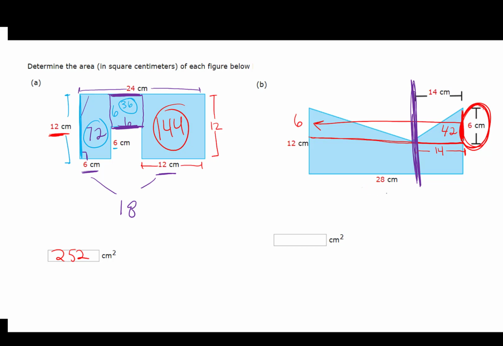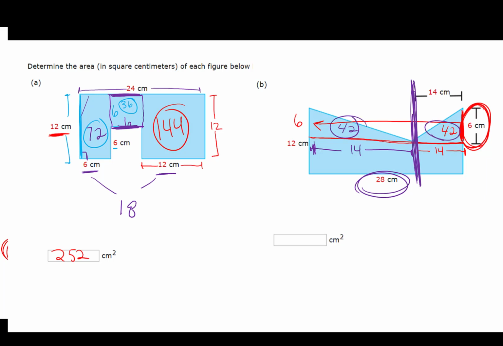And so if the whole piece is 28, 14 has already been used, that means this distance right here is 14. Now, this is a tricky picture because it doesn't look like those 2 triangles are equal, but in geometry, you can never trust the picture. And so this is also 6 times 14 divided by 2, which is 42.